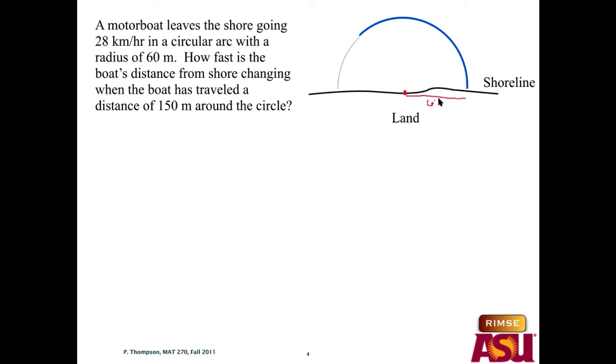So this circle has a radius of 60 meters. The motorboat leaves the shore going 28 kilometers per hour in a circular arc. So that's not the length of this, but that's a speed at which the boat's traveling along this arc here. So this is the speed at which the arc length is changing.